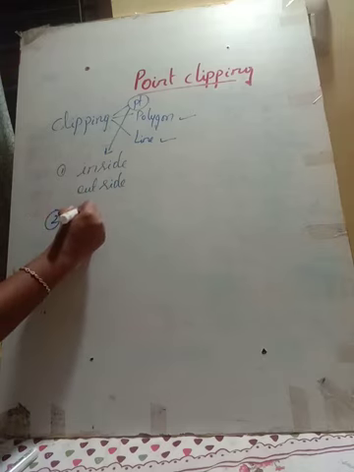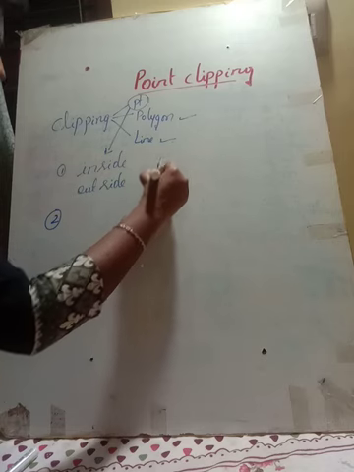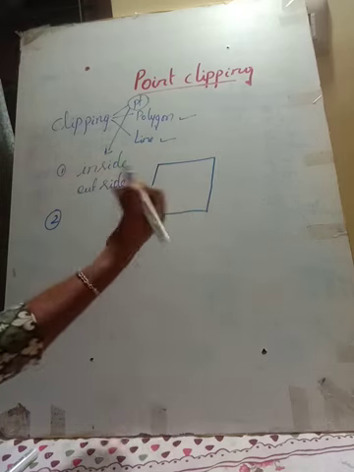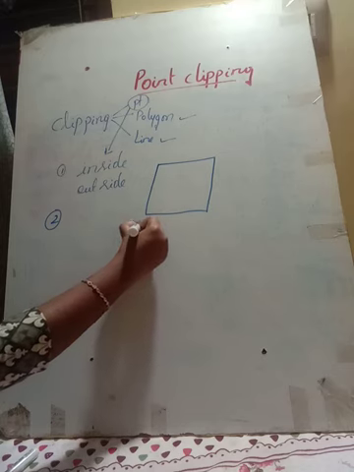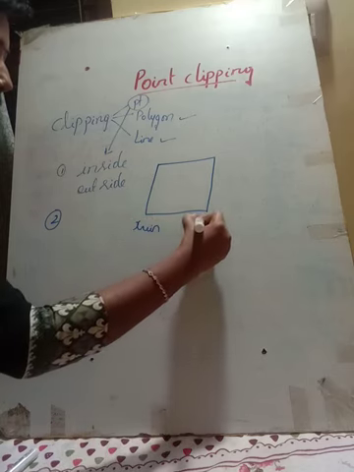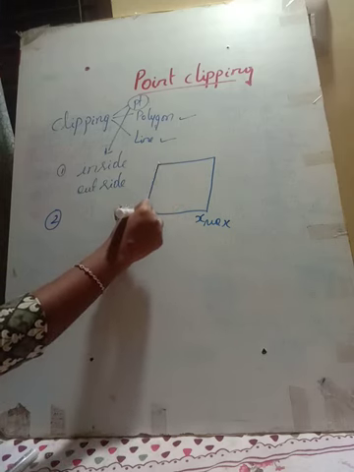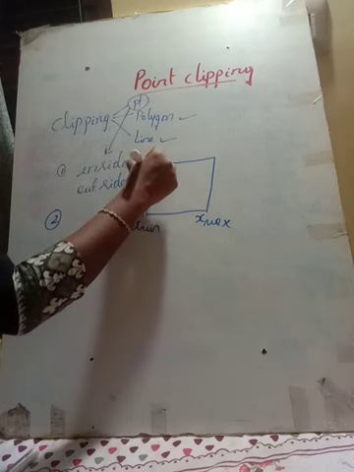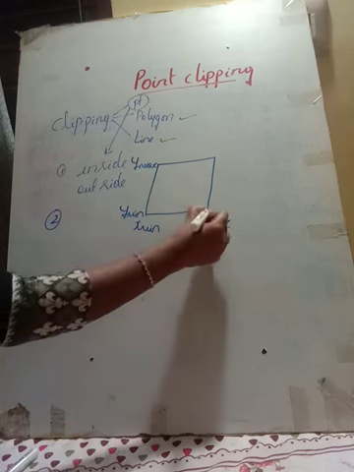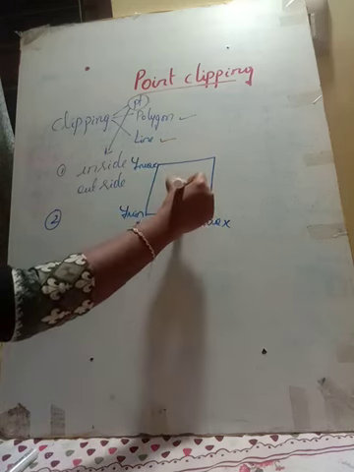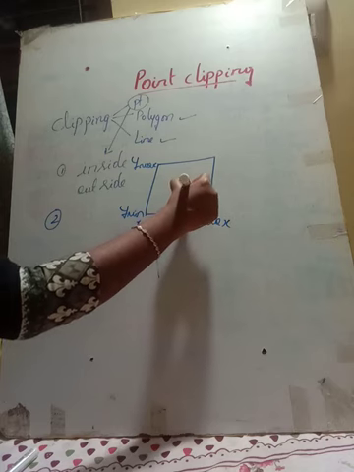For example, suppose this is a window. As we have already seen, we have introduced the terms: this is x minimum, this is x maximum, this is y minimum, and this is y maximum. According to this, the point should be inside the window.